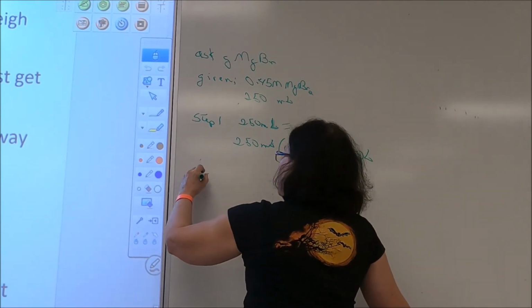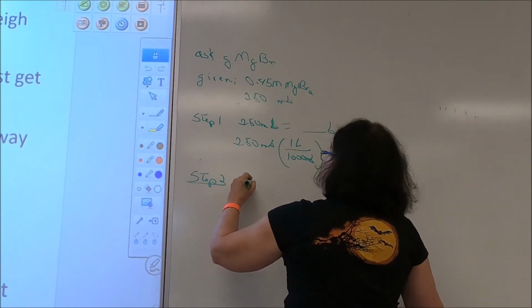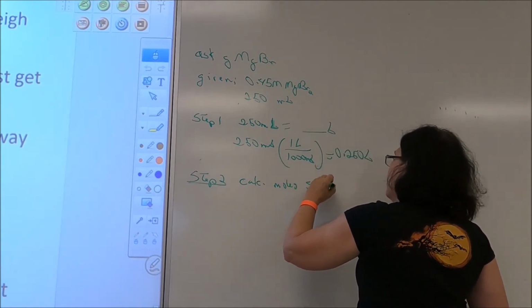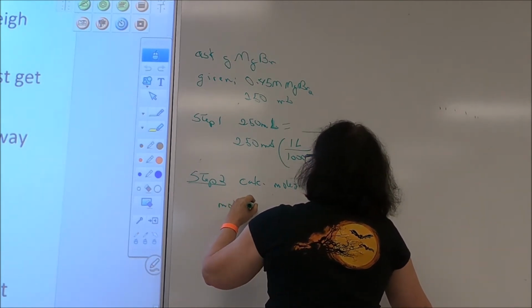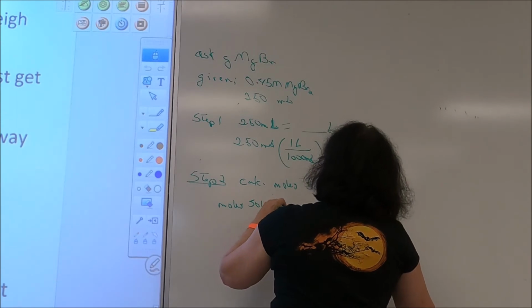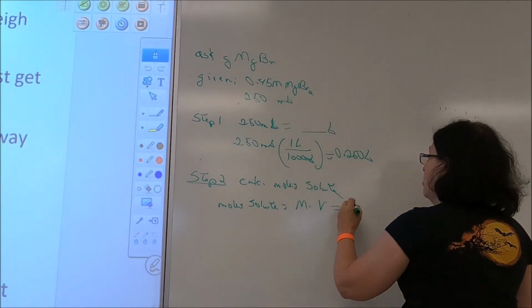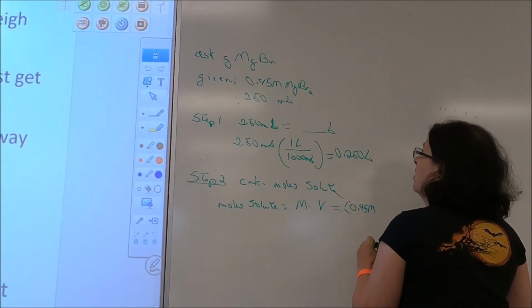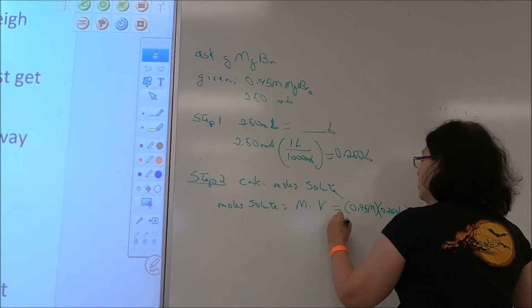My step 2 here is I'm going to calculate moles of solute. Okay, so moles of solute is going to equal molarity times volume. So the molarity is 0.45 molar, and our volume is 0.250 liters.